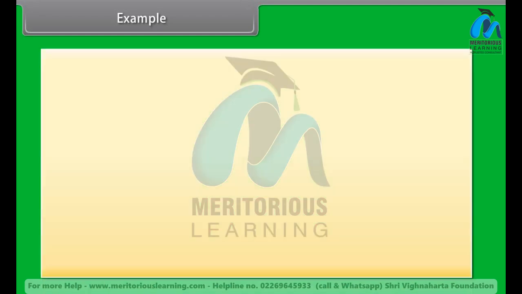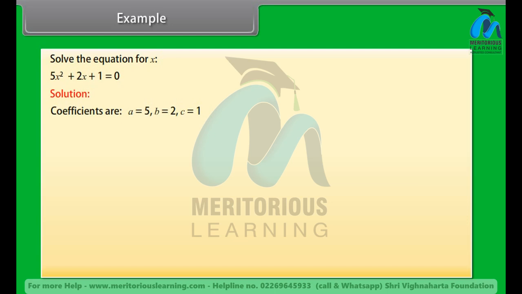Example. Solve the equation for x. 5x² + 2x + 1 = 0. Solution. Coefficients are a = 5, b = 2, c = 1. D = b² − 4ac. D = 2² − 4 × 5 × 1 = −16.